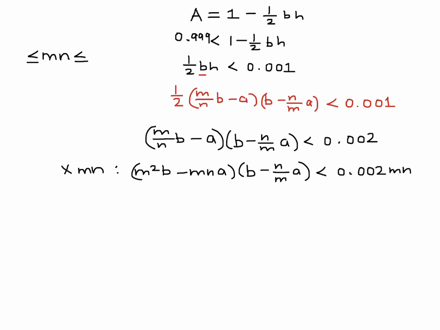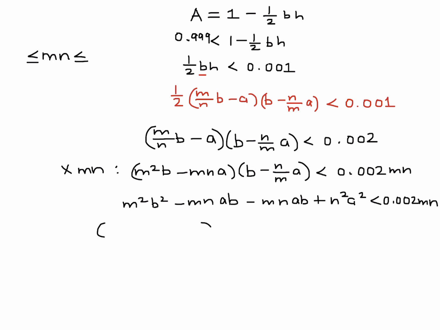And then if you multiply this out, it becomes m squared b squared minus mnab minus mnab plus n squared a squared, and that's less than 0.002 mn. All right, so far so good.